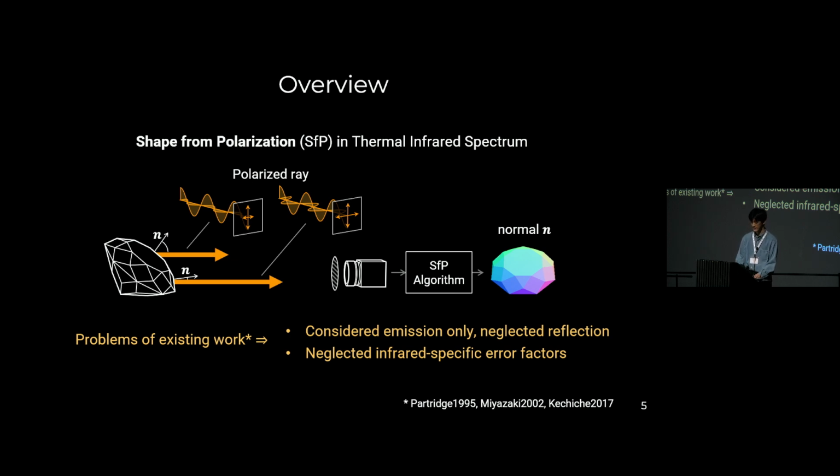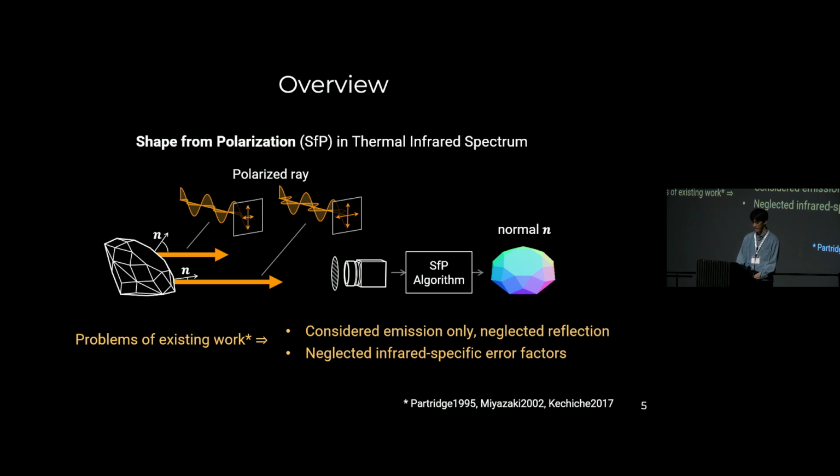There are two challenges in applying SFP in the thermal infrared spectrum. The first is the polarization model. In the thermal infrared spectrum, surfaces not only reflect light, but also emit light. We need to consider both phenomena. And the second is the sensing model. Imaging of thermal polarization suffers from several unique errors that need to be carefully corrected.